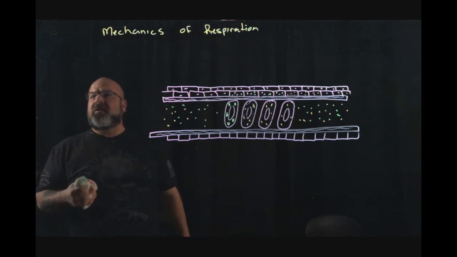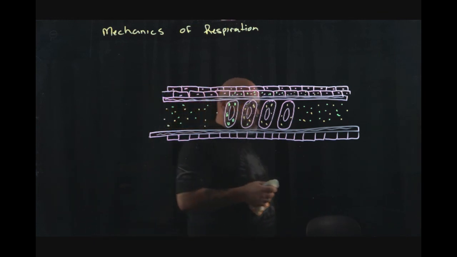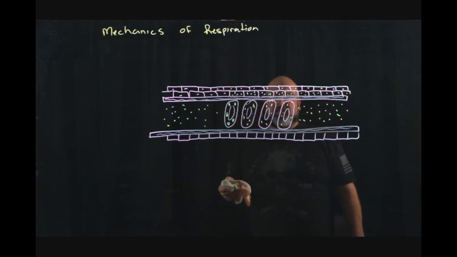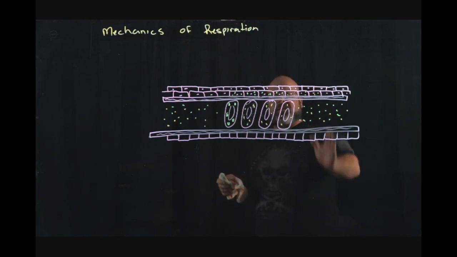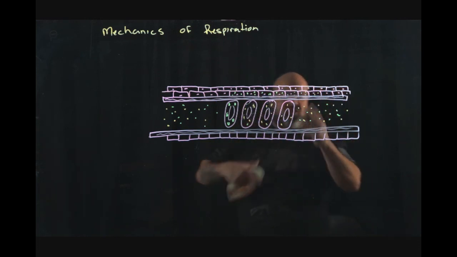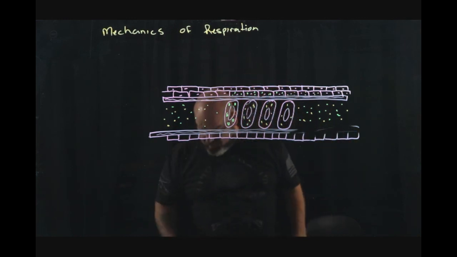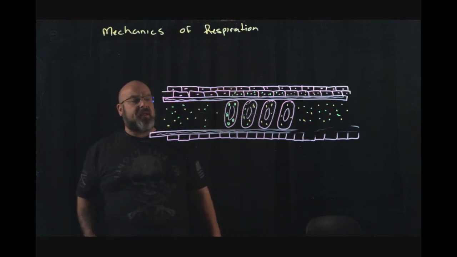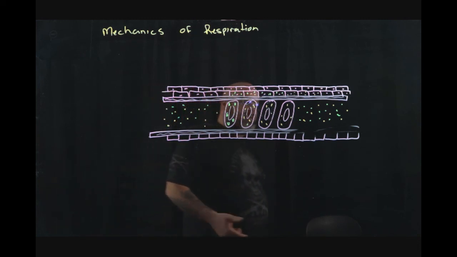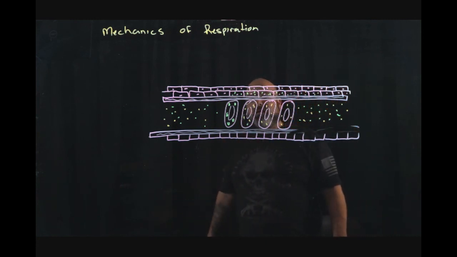The cells exchange gas in the same manner as the lungs do. The capillaries are about one red blood cell wide. The cells line up, go through, exchange off carbon dioxide for oxygen, and carry it back to the lungs to be exhaled. Extra carbon dioxide within the plasma, again, is part of the bicarbonate buffer system, which we'll cover after a bit. And it's all connected in that way.